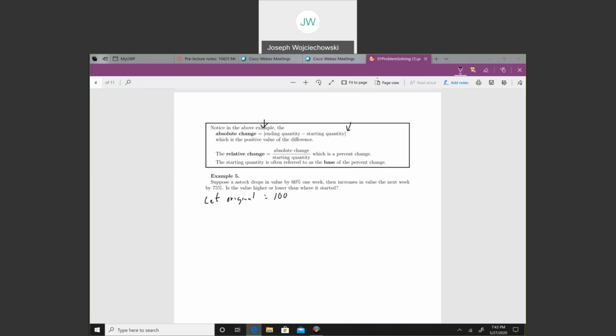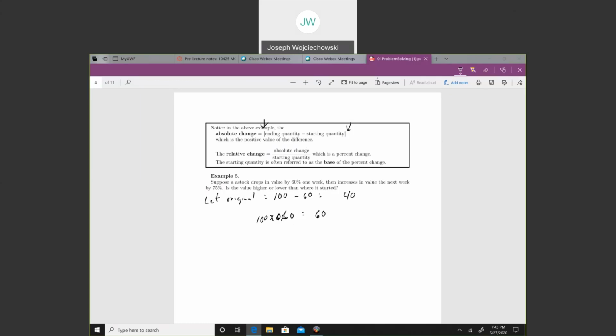So it drops 60%. 60% of 100, which would be 0.60. 100 times 0.60, that's 60. That's the decrease, so that brings it down to 40.